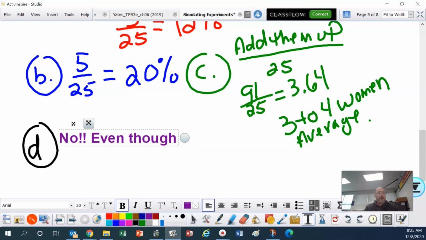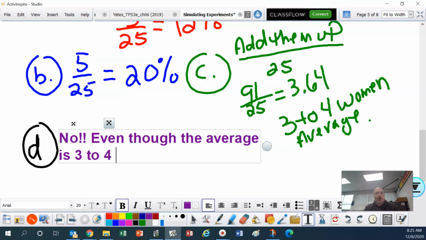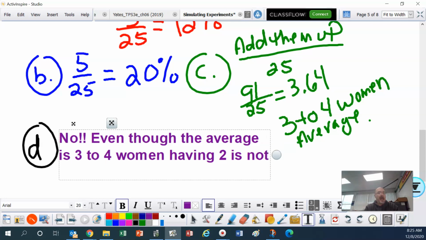Even though the average is 3 to 4 women, having 2 is not that far below the average.